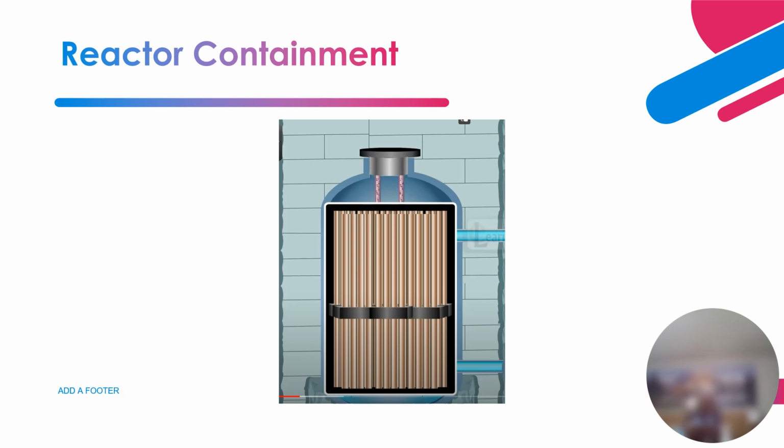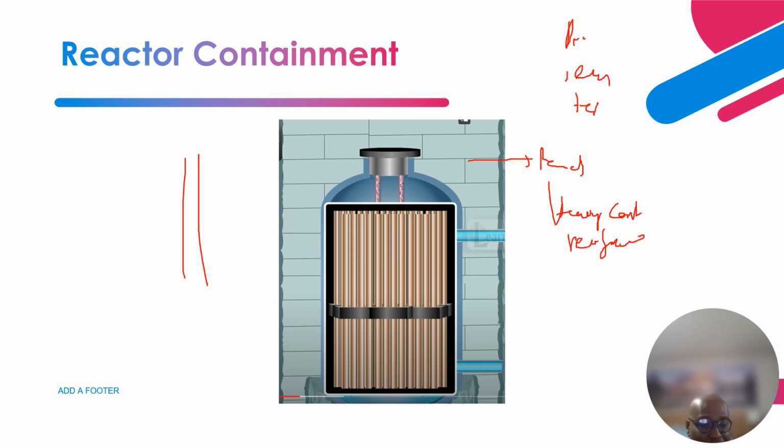Okay, so as you can see over here, this is the containment wall of the reactor, and like I told you, this is made of heavy, reinforced concrete, right? And barriers are created inside. We have the primary containment, the secondary containment, and the tertiary containment, right? And the fuel assembly is after the tertiary, right?